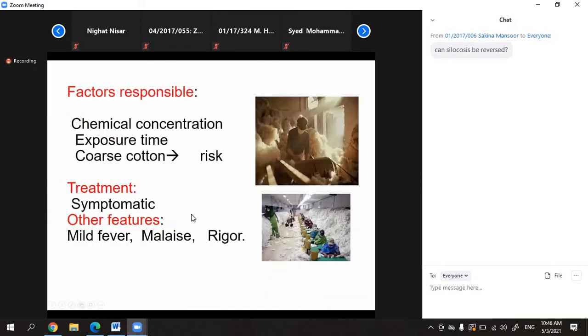Factors responsible are again chemical concentration, exposure time, and coarse cotton is a risk for this byssinosis. Treatment is again symptomatic, and other features include mild fever, malaise, and rigor. And you can see that people sorting wool and cotton are exposed to this disease.